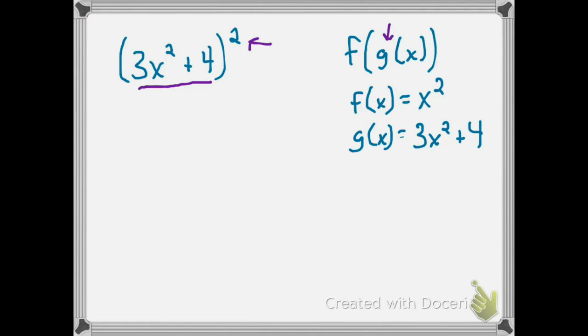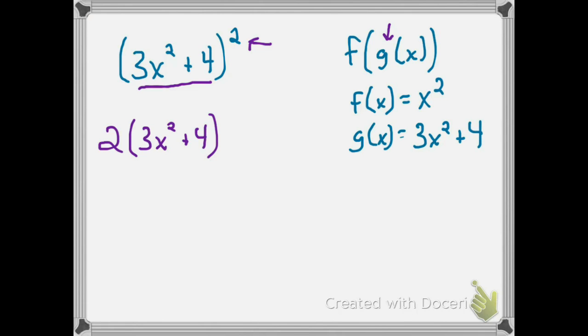So for the derivative, I need to do the power rule. The power rule says the exponent comes down in front, so that's going to be a 2. The inside will stay the same, so 3x squared plus 4. And then the exponent will be subtracted by 1, which is just going to be a 1, so we won't write it. So this is the derivative of doing the first function, f.